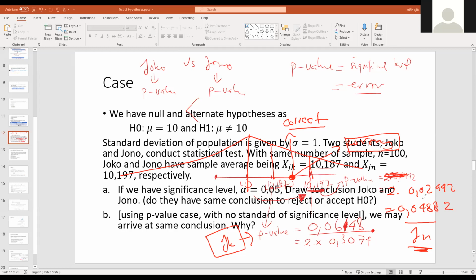You can, but you should increase the number of samples. Oh, okay sir, I get it. So I can increase the p-value, but also increase the sample.